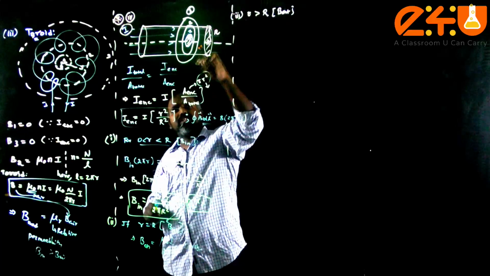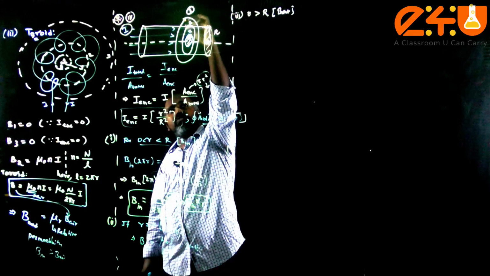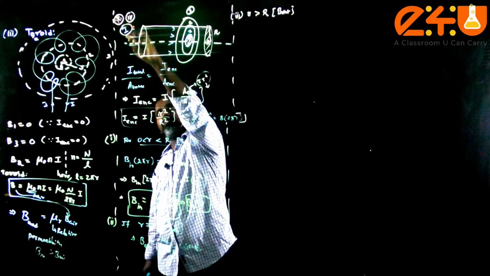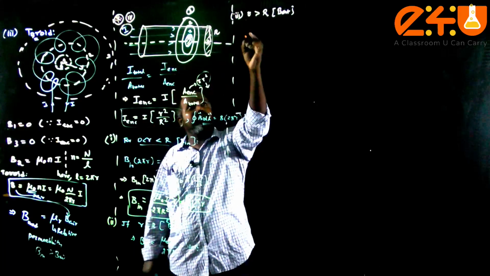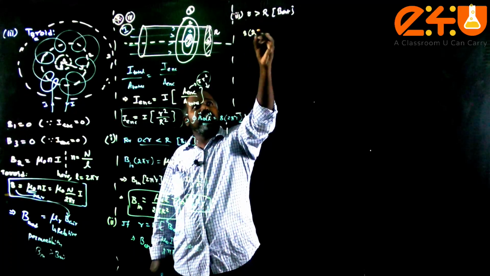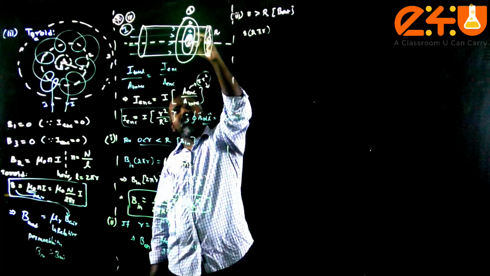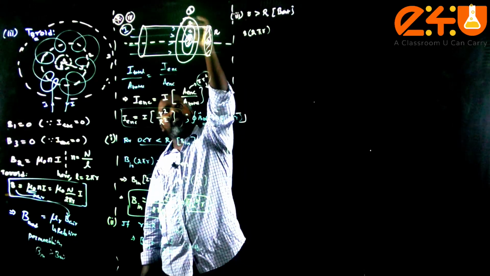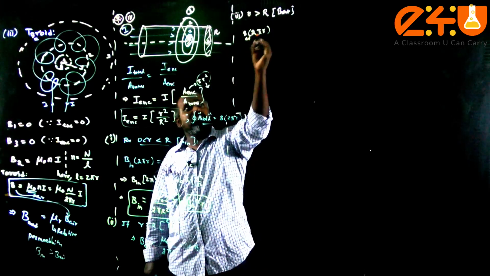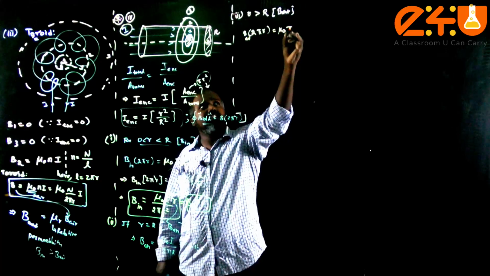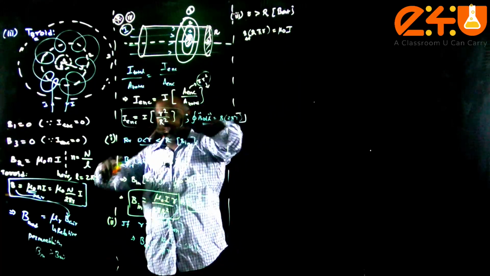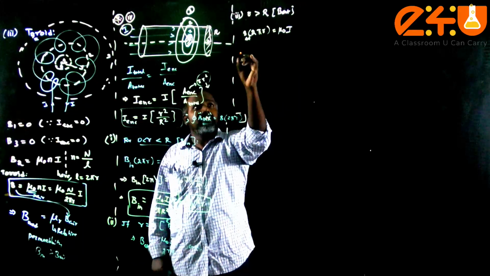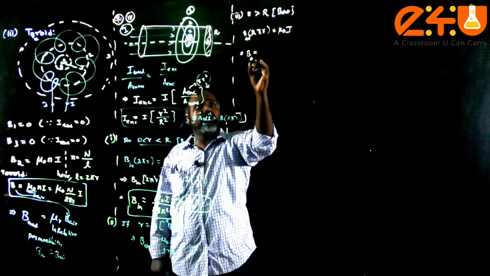When we consider the outside, the total current enclosed by the Amperian loop is the total current I throughout the conductor. Therefore, B into 2 pi small r, where small r means the radius of this Amperian loop. So B out into 2 pi r is equal to mu naught times the total current enclosed, since the total conductor is enclosed.